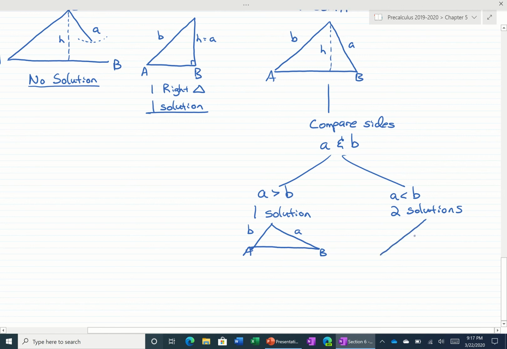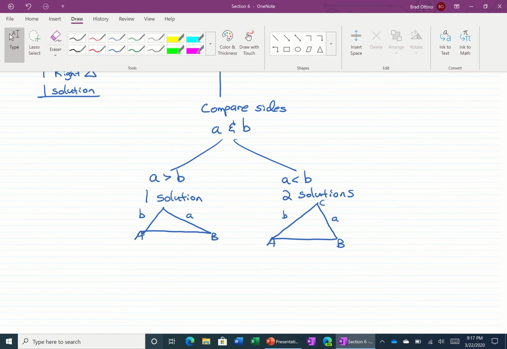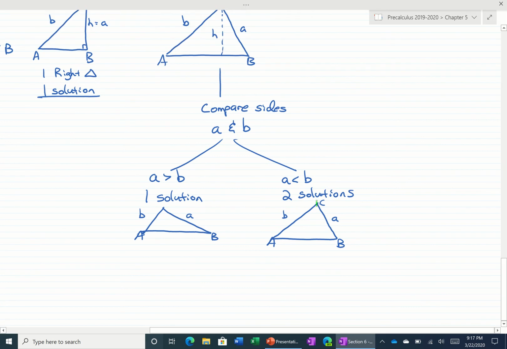One triangle is going to look like this. And the other triangle, instead of taking this side A and drawing it here, we're going to take that side and draw it right here. So this would be a third triangle.